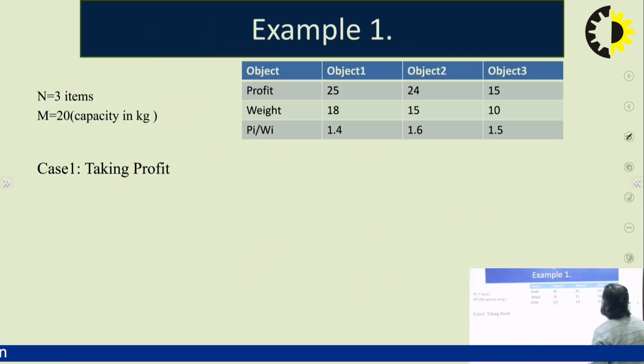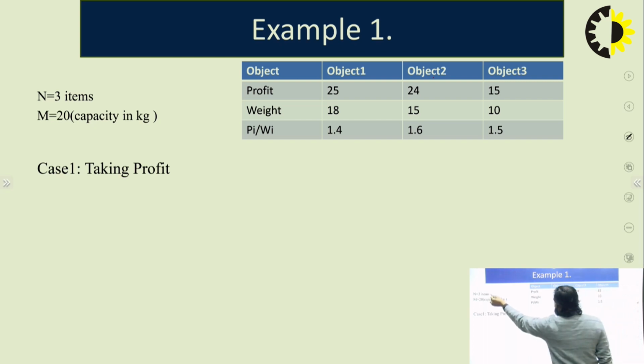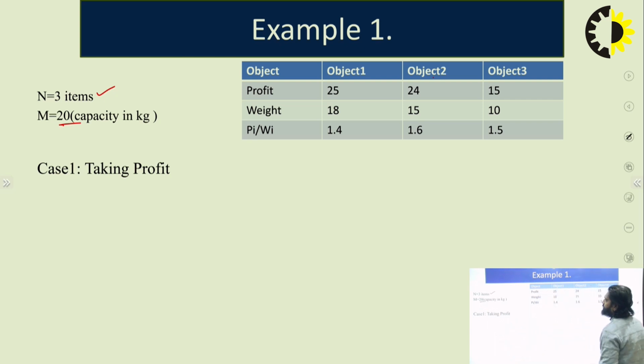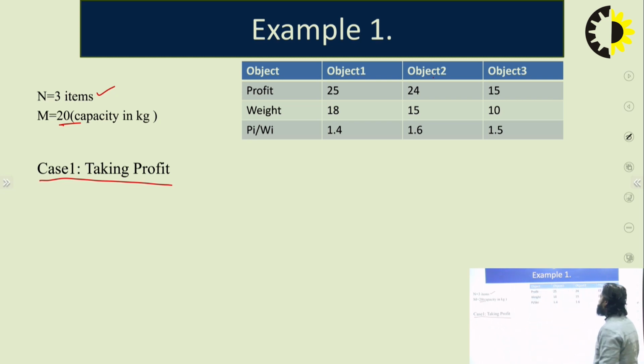Now, to understand with data, we discuss an example. Here we take 3 objects: object 1, object 2, and object 3, and the capacity of the knapsack bag is 20 kg. First, we discuss the case of taking by profit. According to profit, we sort the objects in order of profit.